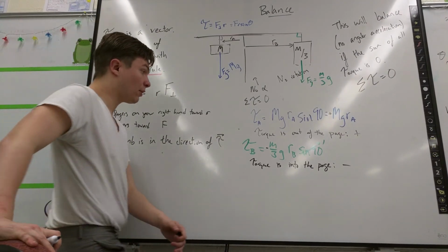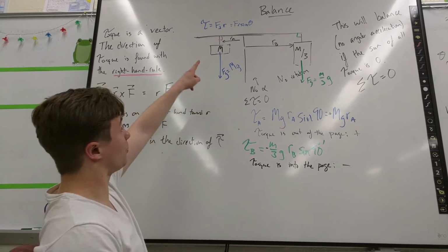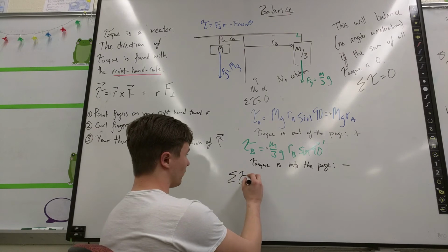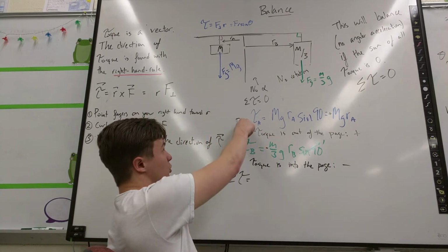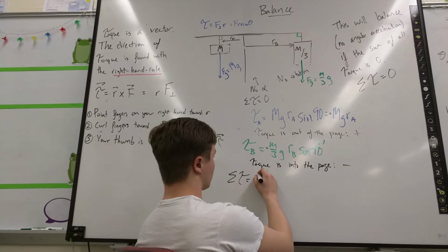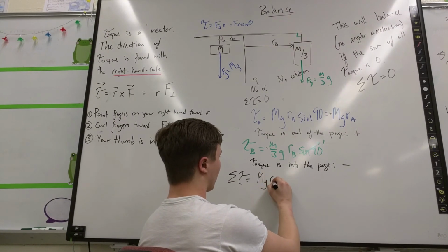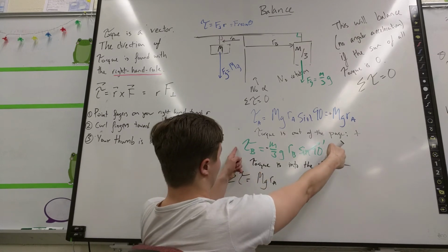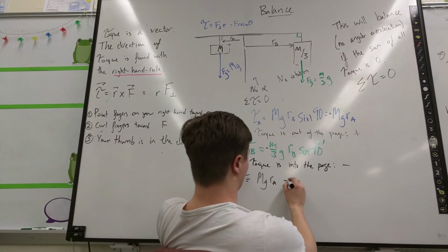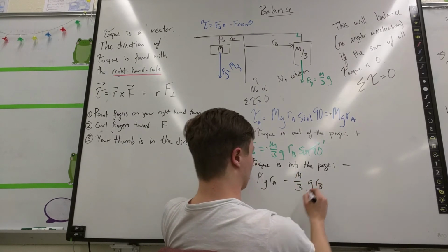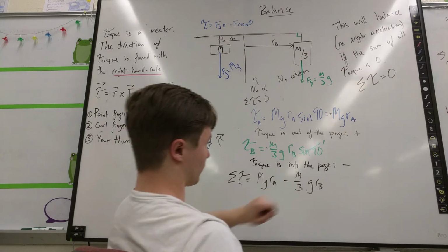Now I add them all up because I know that the sum of the torques is 0. I'm taking my two torques and putting them in one expression: mg RA from torque A, plus this torque, but this is a negative sign, so I'm just going to subtract m over 3 g RB.